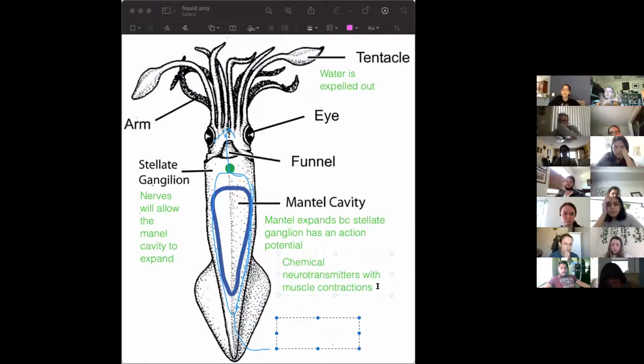And for your group, we're not going to do anything beyond just filling up the mantle cavity. This is good. So how would the chemical neurotransmitters help in just filling up the mantle cavity with water? They kind of indicate when it's met capacity, right? How?